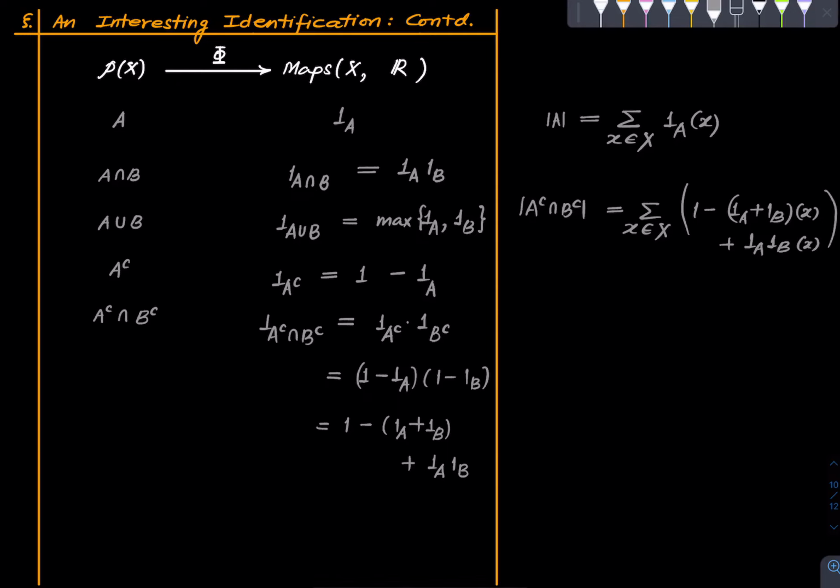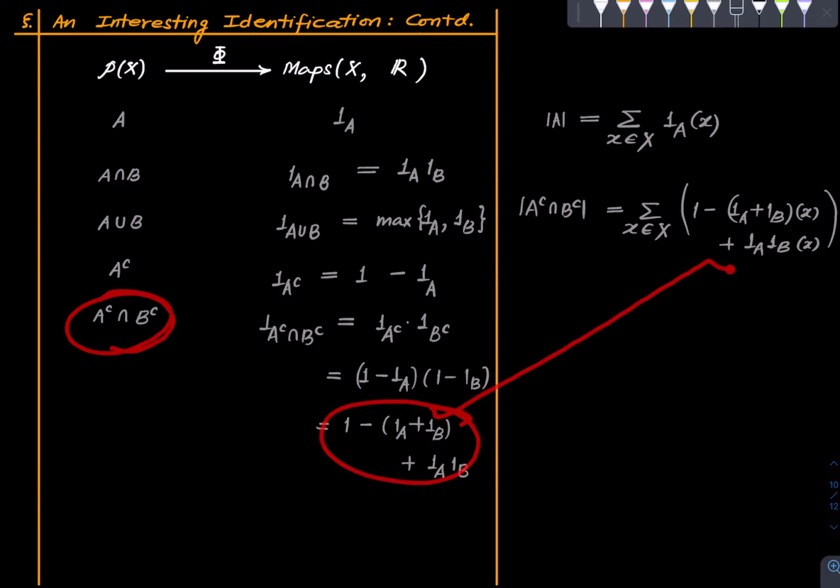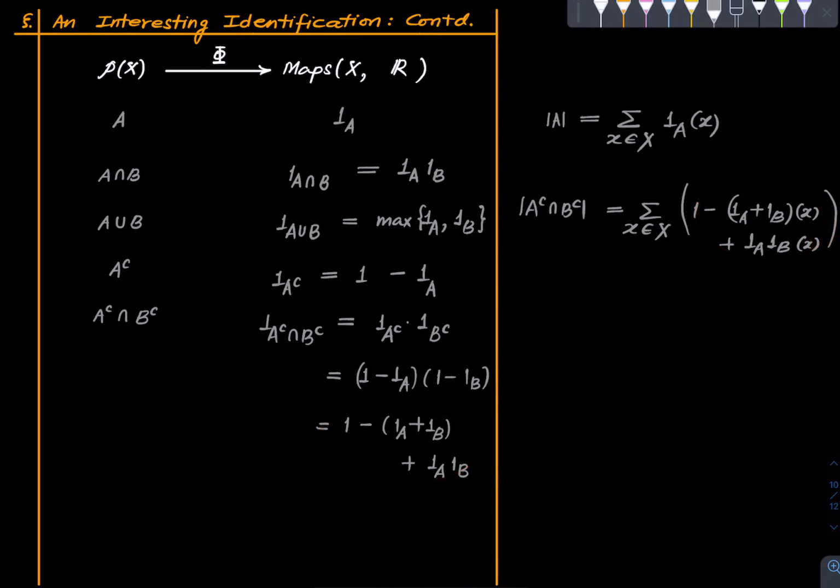So that's what the cardinality is, because A complement intersection B complement is that guy, and you just feed x to it, you get this number. And that is nothing but cardinality X minus cardinality A plus cardinality B plus cardinality A intersection B. Right? So this should remind us of inclusion-exclusion formula, and it is definitely an avatar of it.